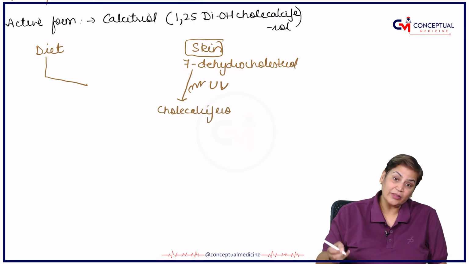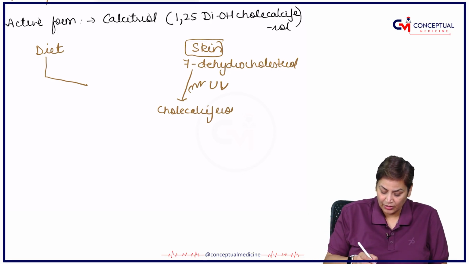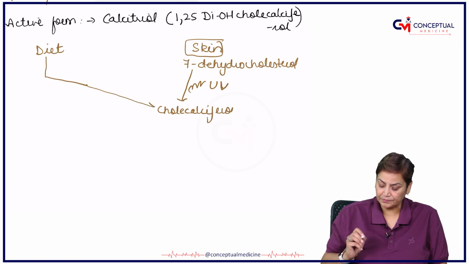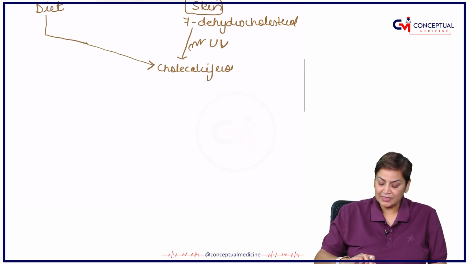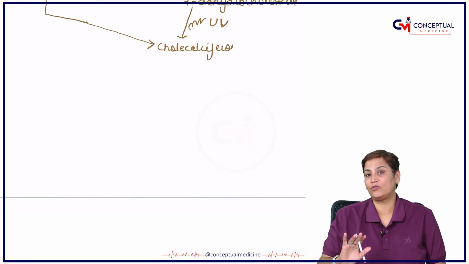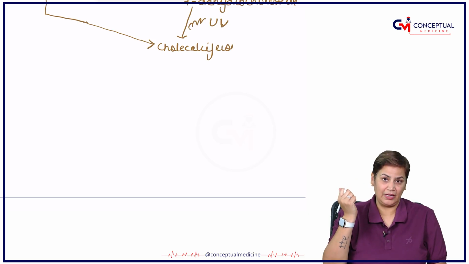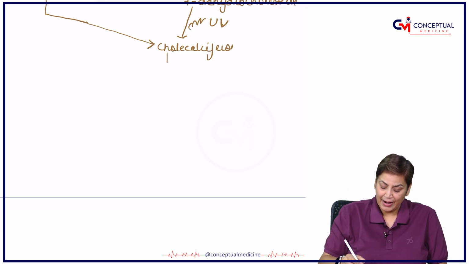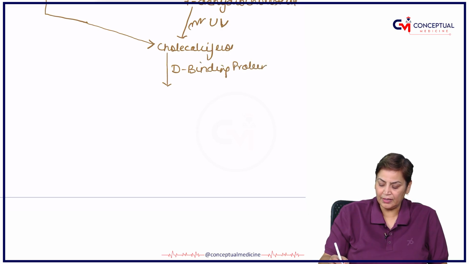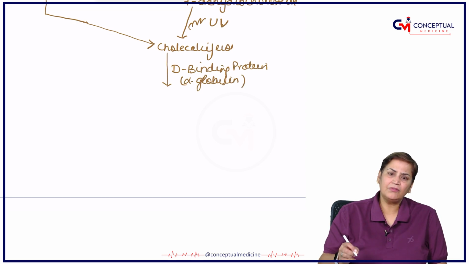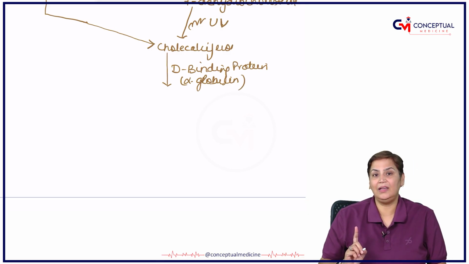On the other hand, from the diet we are also taking this cholecalciferol. This cholecalciferol first of all binds with a protein, the D-binding protein, which is basically an alpha globulin, and it will first of all go to the liver.